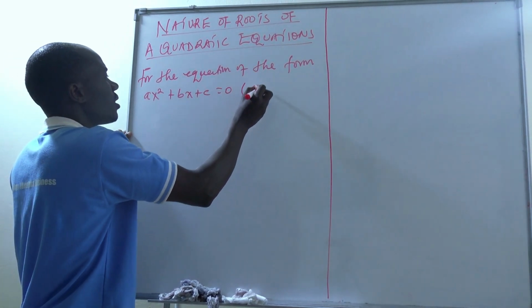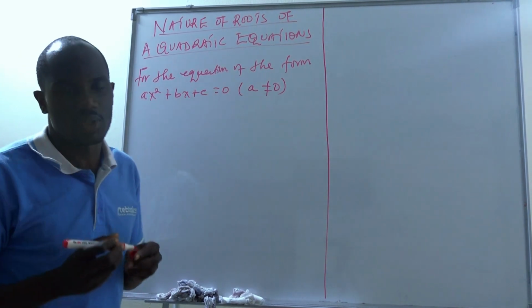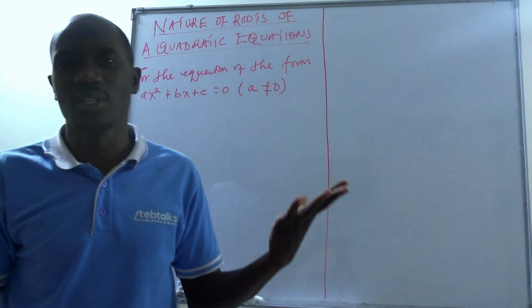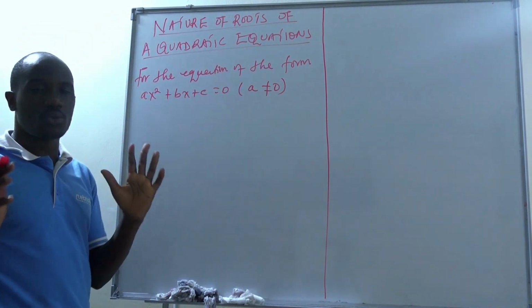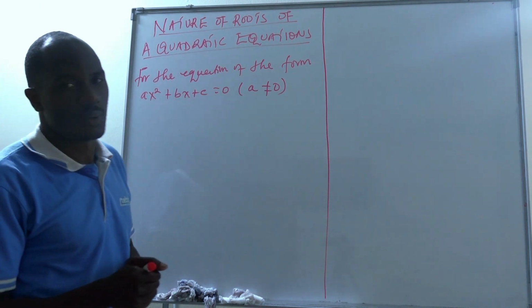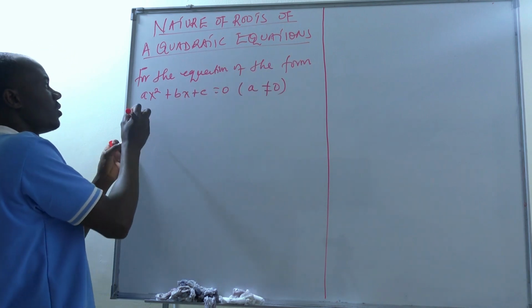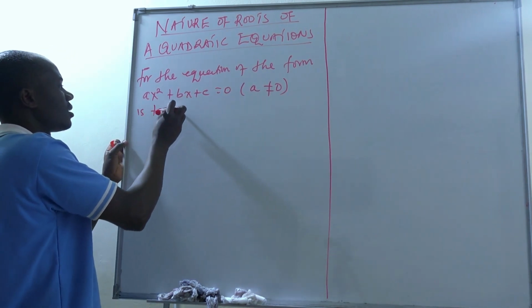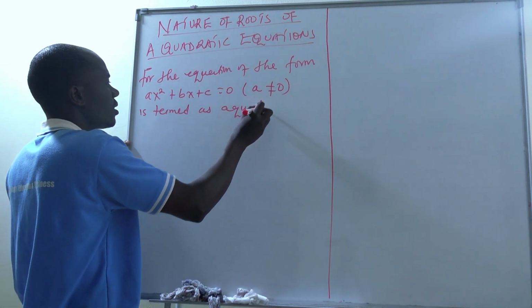For this case, we are looking at when a is not equal to 0, because we said that when a is equal to 0, the whole equation becomes linear. So that's why we are saying that when a is not equal to 0, for this form, we are talking about a quadratic equation.